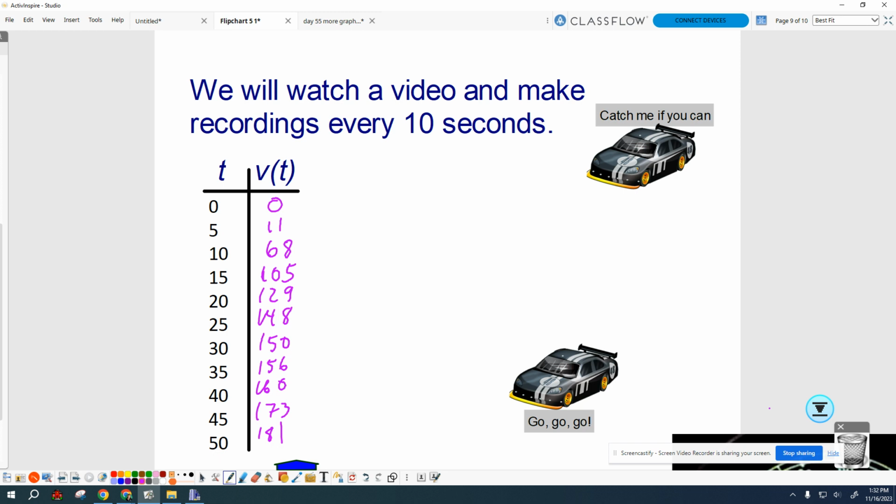Okay. In 5 rectangles, what's our delta s? 10.